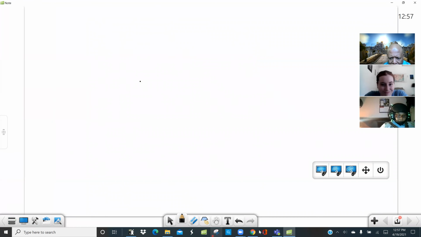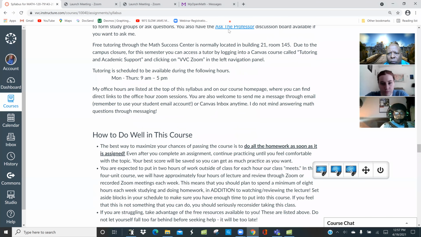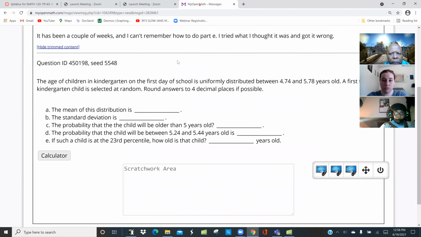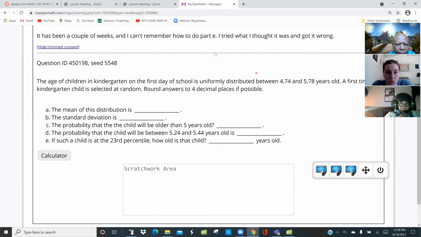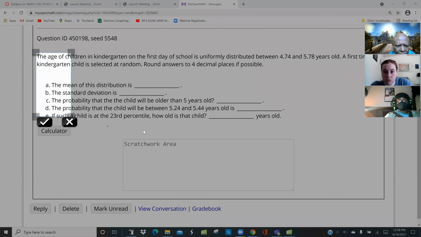Okay. So here is a question from somebody's homework. I promised to look at it, and I think here it is. It says that the age of children, let me copy that and push it in here.